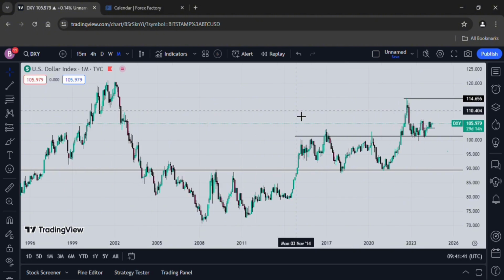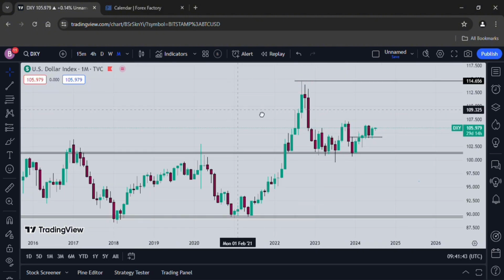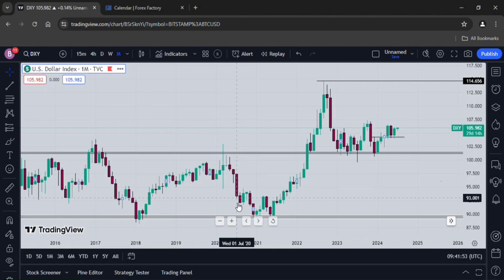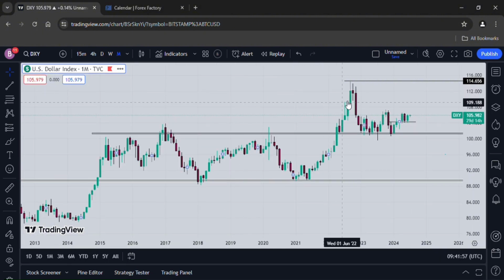As you can see, there is a resistance here. Price came, touched this zone here, it sold off, came back again, touched it, sold off, then came back again, broke above the zone, and currently it has already retested the zone.